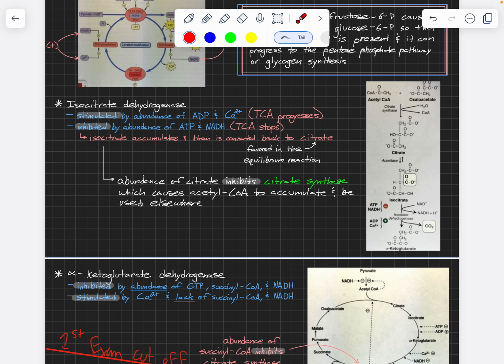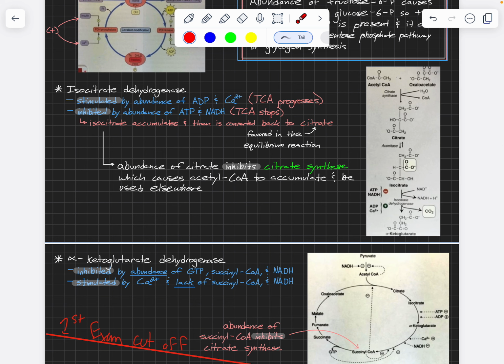Repetition is the biggest thing, but isocitrate dehydrogenase is, again, stimulated by an abundance of ADP, which means we don't have a lot of ATP generated. We need to start generating ATP. So of course, isocitrate dehydrogenase is going to turn back on by a high abundance of ADP because we want to continue that TCA cycle to run to produce ATP.